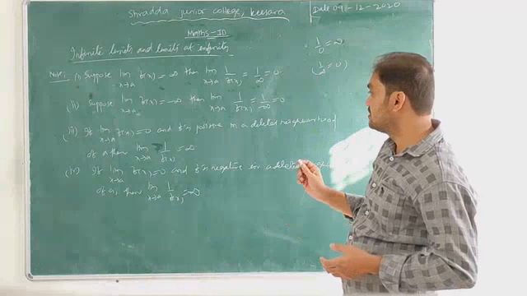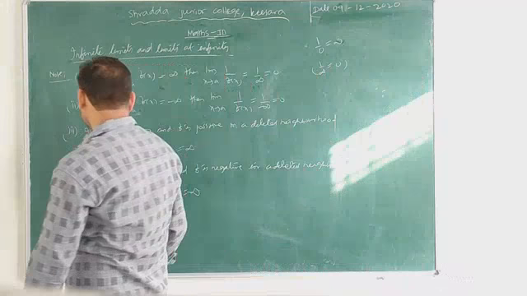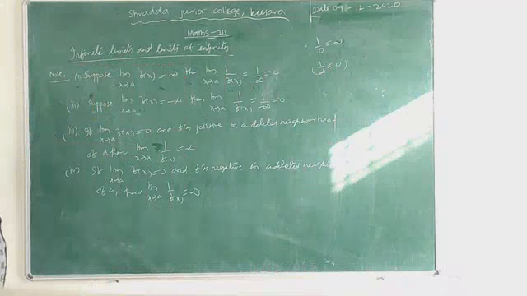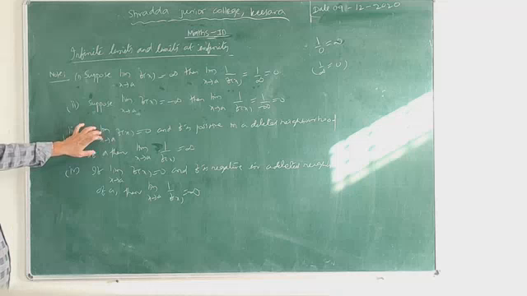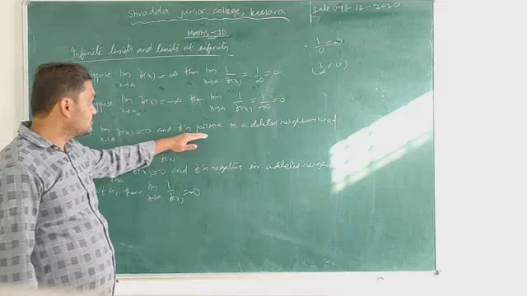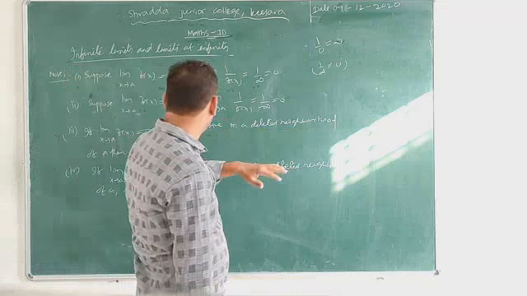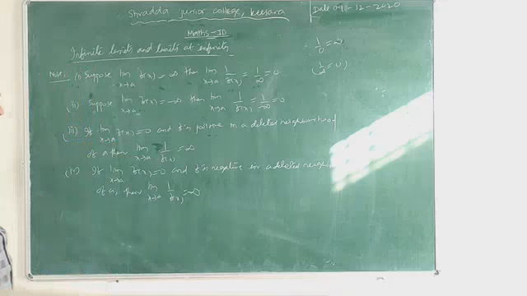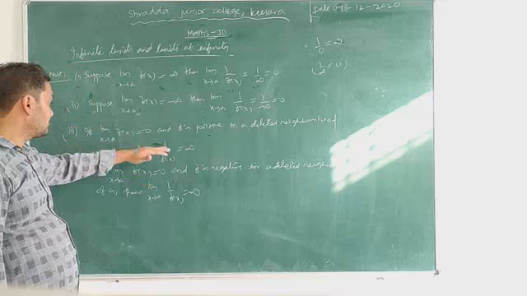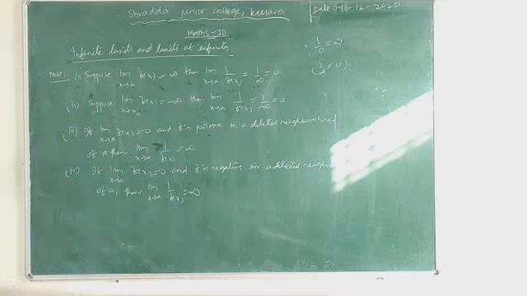See now the next condition here: if limit x tends to a, f of x equals 0 and f is positive in a deleted neighborhood of a, then limit x tends to a, 1 by f of x equals what? That is infinity, meaning 1 by 0 is nothing but infinity.